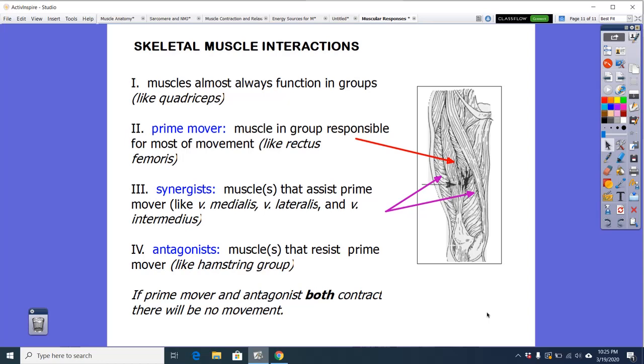They stabilize joints. Our movement doesn't just happen unless a muscle is pulling on a bone like a lever. And so you need one on either side of that joint to pull it back and forth. If you contract both of them, which would be hard, but if you contract both the prime mover and the antagonist, nothing happens.